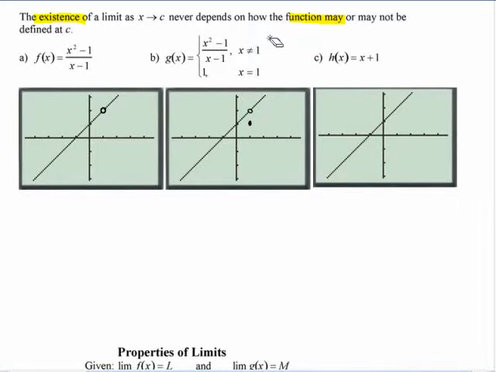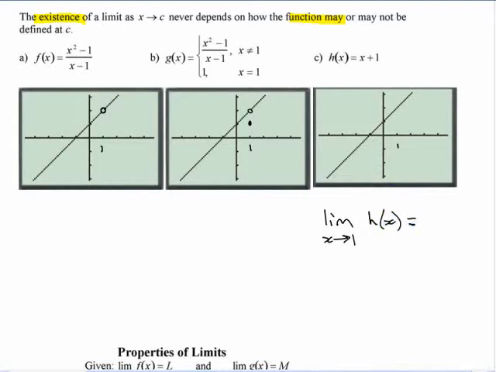We're going to look at now what happens as you approach 1, this value on each of these functions. You're not asking what the value is at 1. You're asking, how does the function behave as you get close to 1 from each side? So we're saying the limit as x approaches 1 of this function, perhaps this is the easiest one to look at.